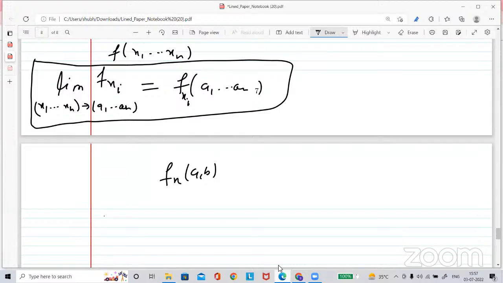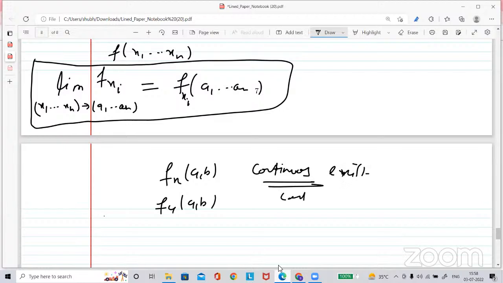So actually, you can say that if both partial derivatives exist and are continuous, then we can say the limit exists at that point. Yeah, actually there is one condition.